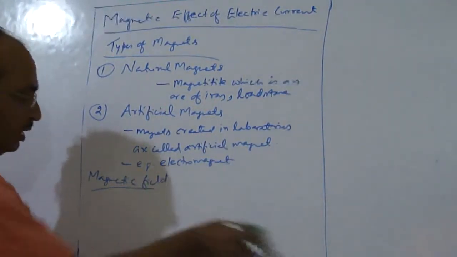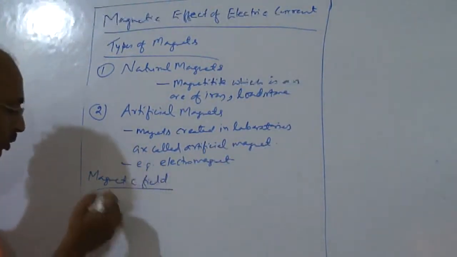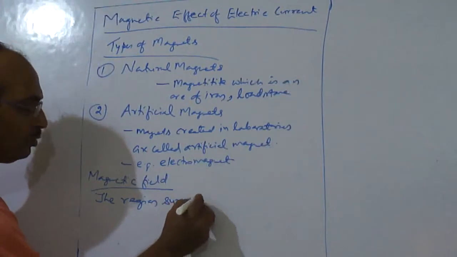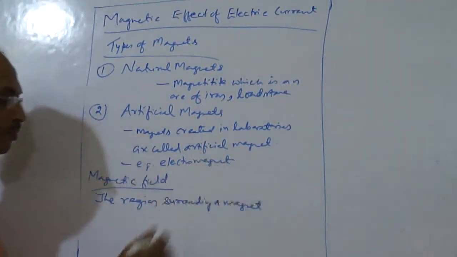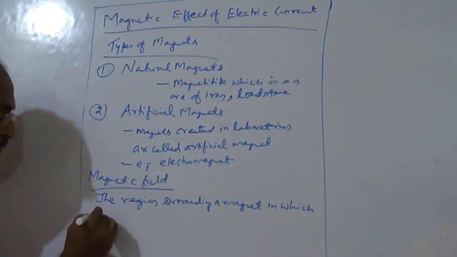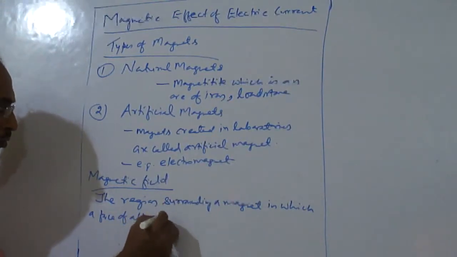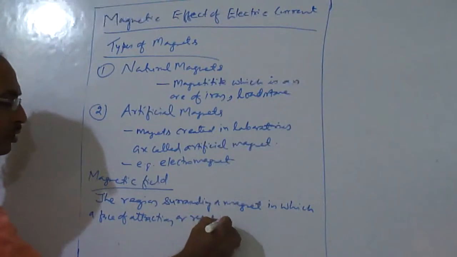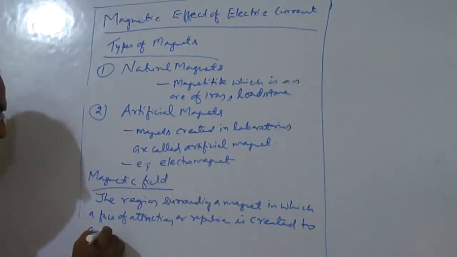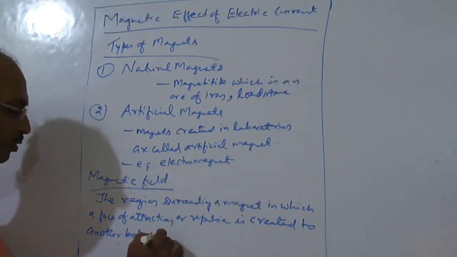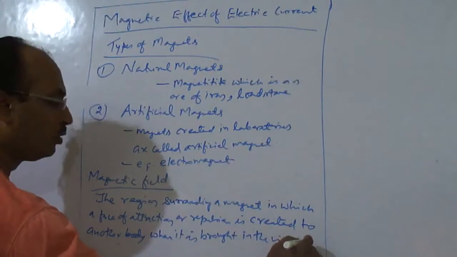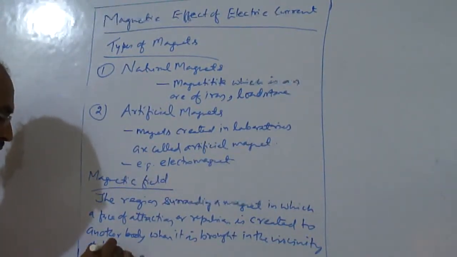So we can define a magnetic field. The region surrounding a magnet in which a force of attraction or repulsion is created to another body when it is brought in the vicinity of that region.